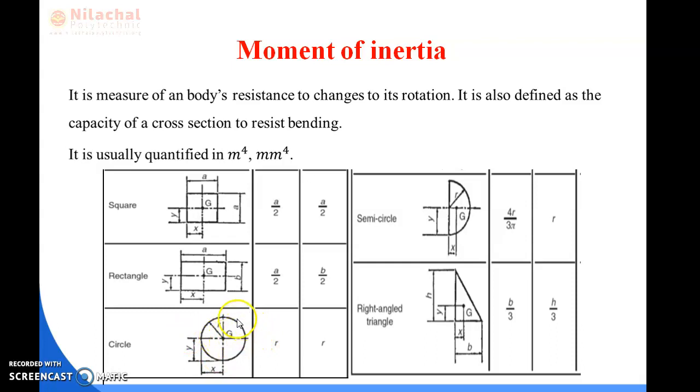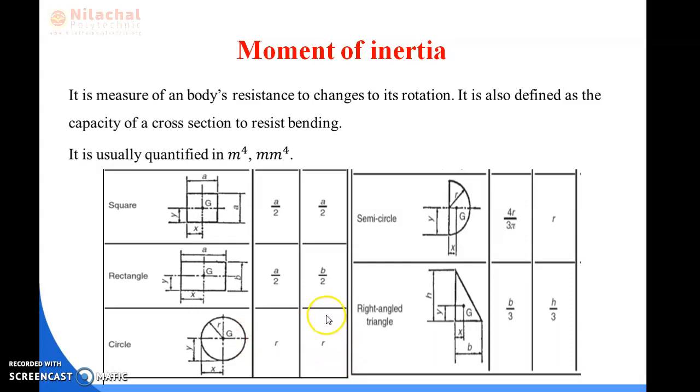So when we consider the x-axis, it gives a center of gravity value of d by 2. d by 2 means half of the diameter, which is the radius, so d by 2 equals r. Similarly, in the y-axis also it gives half of the diameter, which is again r, that means radius.